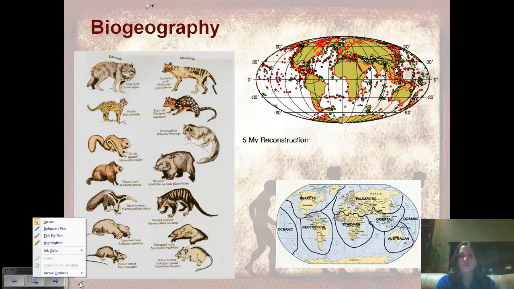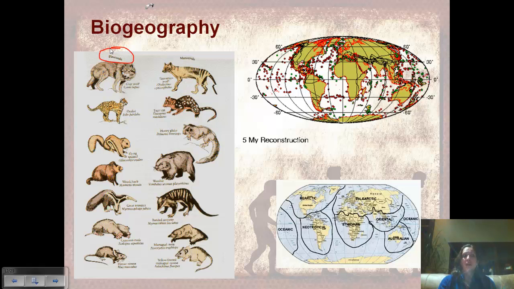The organisms over here on the left are placentals, and placentals have a placenta. The placenta helps to nourish the developing fetus in the uterus, bring it oxygen and nutrients, and get rid of wastes. Marsupials are a group of organisms that lack a placenta, and so the babies are born at a very immature stage, and they crawl into a pouch and nurse in the pouch and develop the rest of the way.